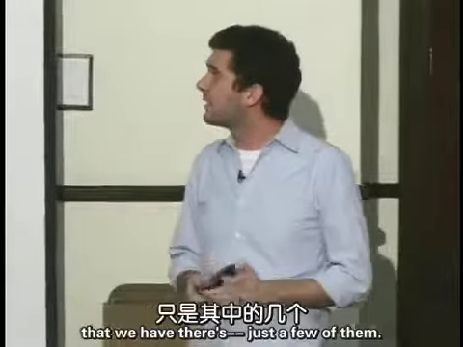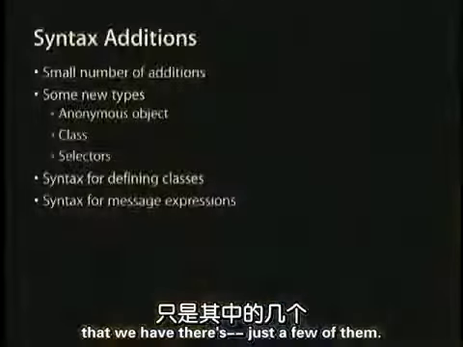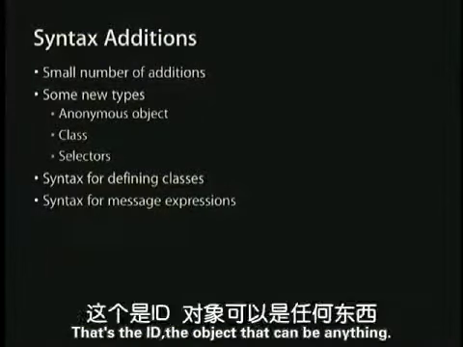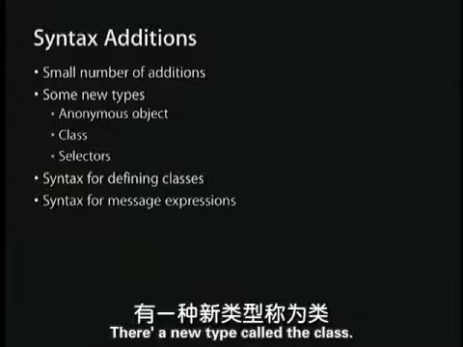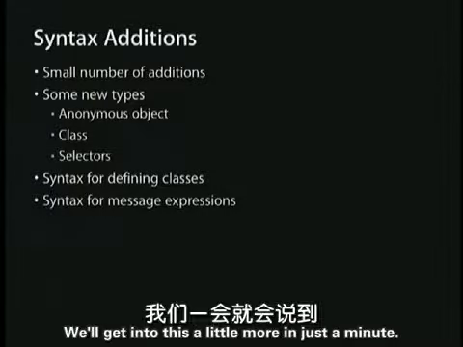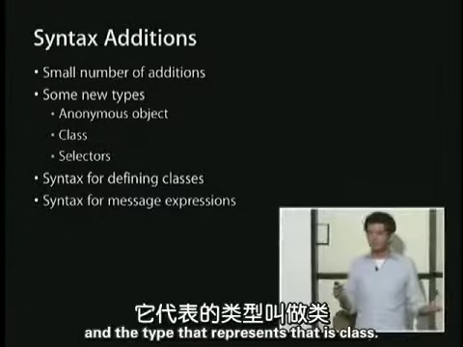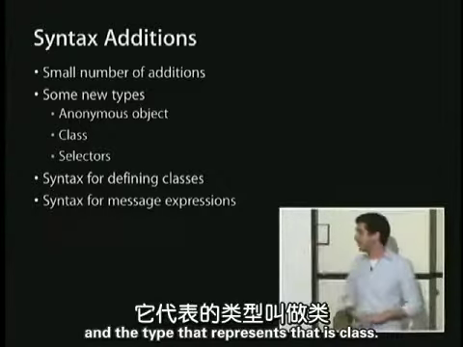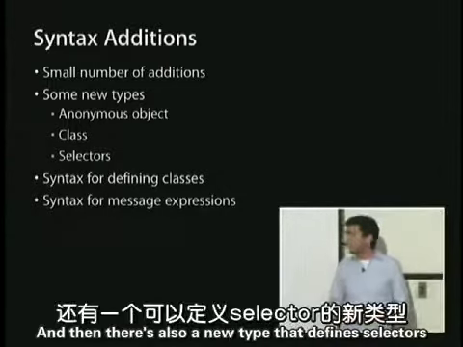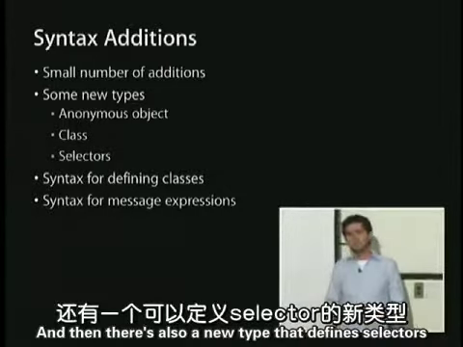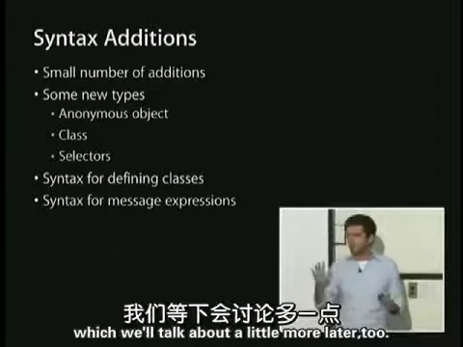So a few of the syntax additions that we have, there's just a few of them. There's the anonymous object, which I just mentioned. That's the ID, the object that can be anything. There's a new type called a class. We'll get into this a little more in just a minute, but basically classes themselves are also objects, and the type that represents that is class. And then there's also a new type that defines selectors, which we'll talk about a little more later too.